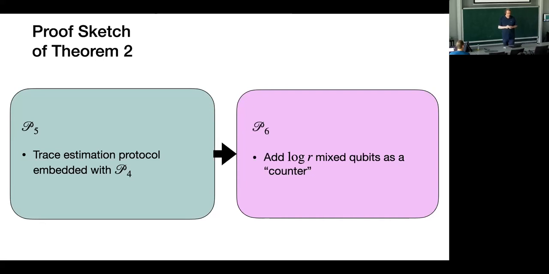And these qubits, we think of them as starting in a random standard basis state with probability 1 over R. And then basically in every round, you add 1 to this counter. This is a unitary that is independent of the round.